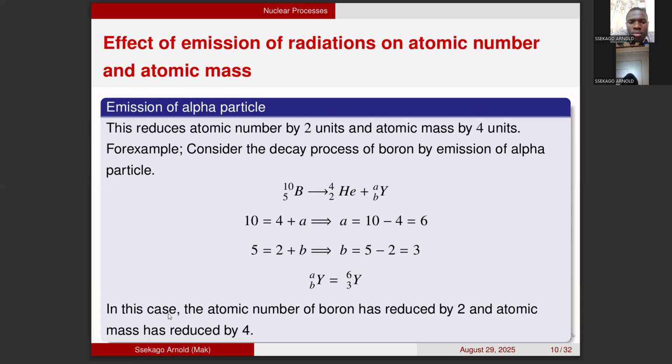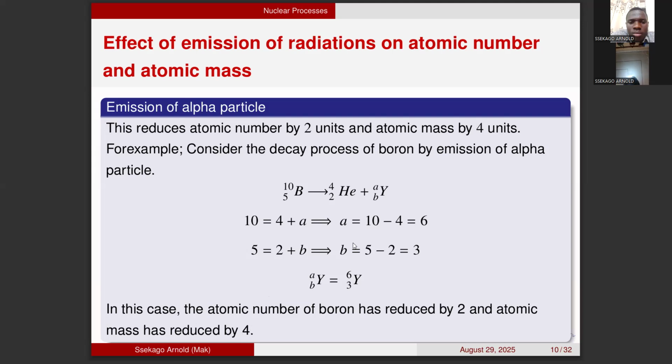So in summary, in this case, the atomic number of boron was 5, and it has reduced by 2. We have subtracted off 2 to obtain this 3 you are seeing here down. And atomic mass has reduced by 4.